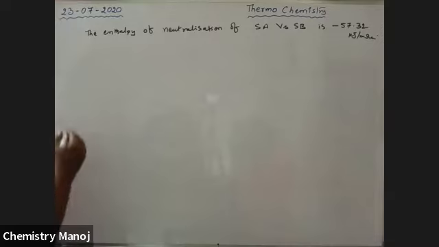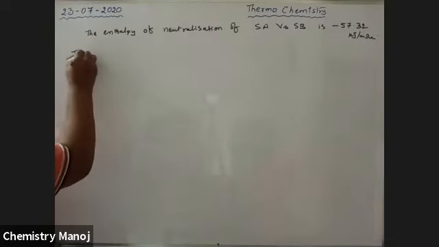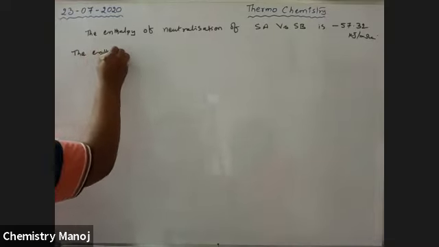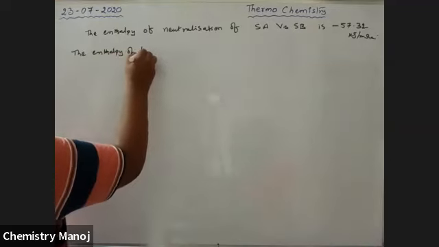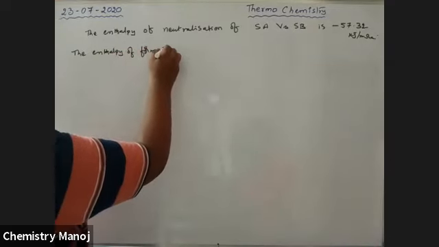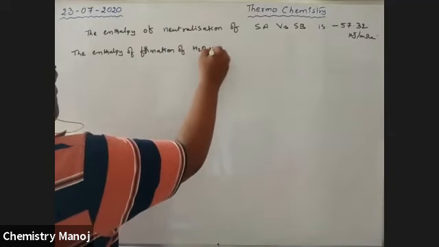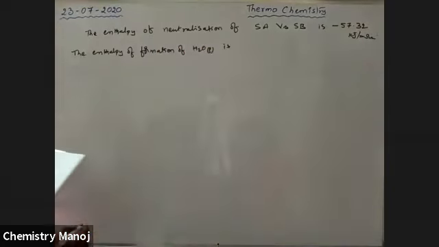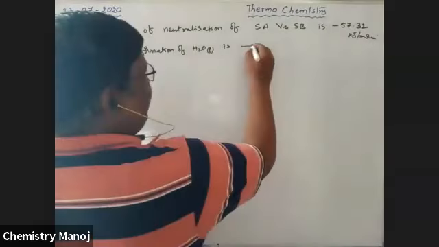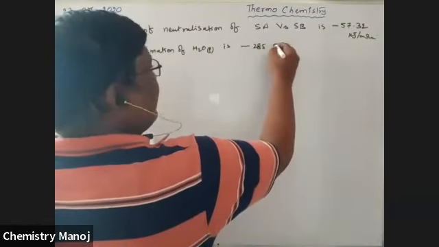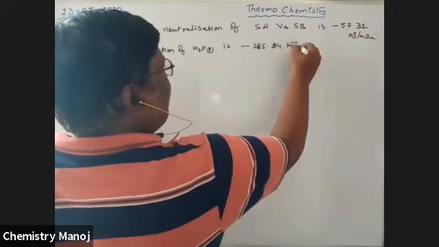The enthalpy of formation of water is minus 285.84 kilojoule per mole.